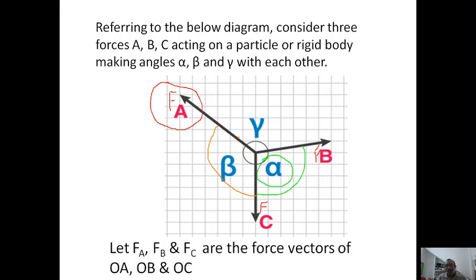If I am talking about the force Fc, the other two forces are Fa and Fb, and the angle between them is gamma. So remember, the opposite angle subtended between the other two forces should be taken in Lami's theorem. You see the next figure.